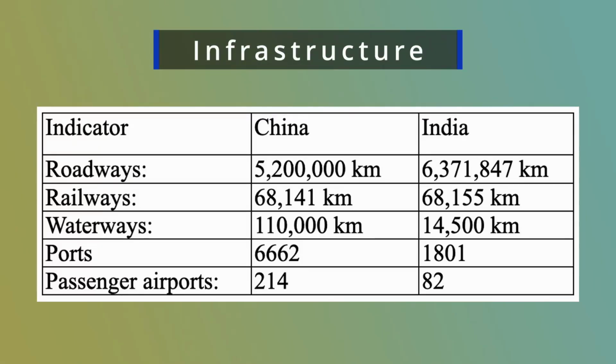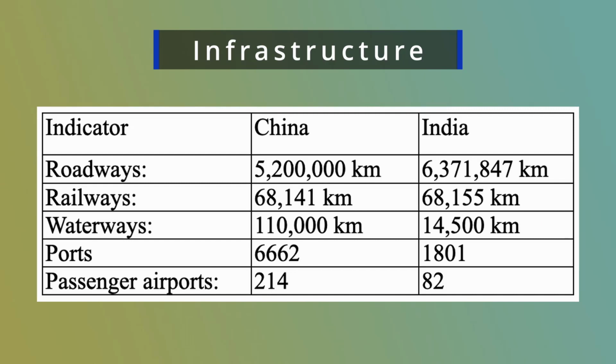This table helps us to understand the length of the road of China and India. The length of the road of China was 5,200,000 km, whereas the length of the road of India is 6,371,847 km. Similarly, the railway network of China is 6,800,141 km, whereas in case of India it is 6,800,155 km.